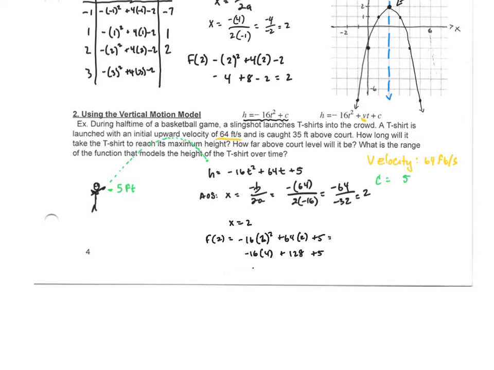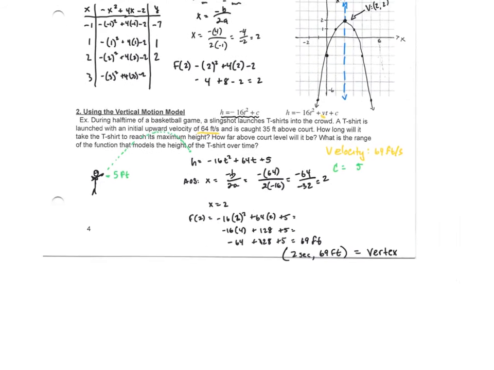Negative 16 times 4 is negative 64, plus 128 plus 5. That gives me 64 plus 5, or 69. And since we're talking about height, that's going to be feet. So at 2 seconds, I have the ordered pair of 2 seconds and 69 feet. That is going to be equal to my vertex, the highest point.